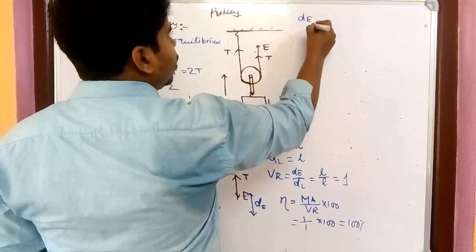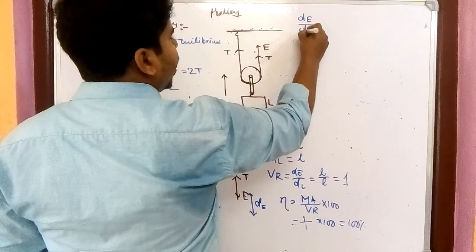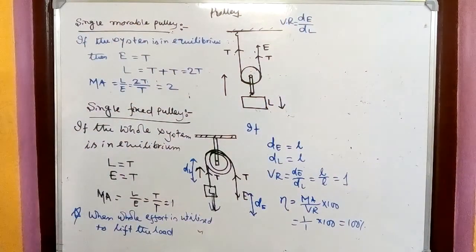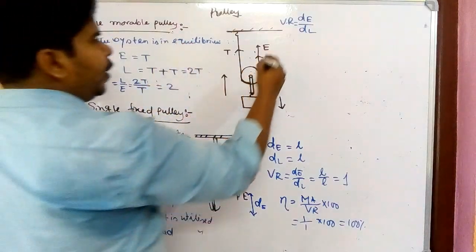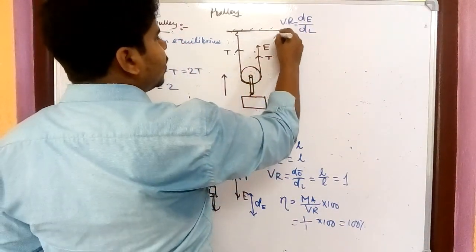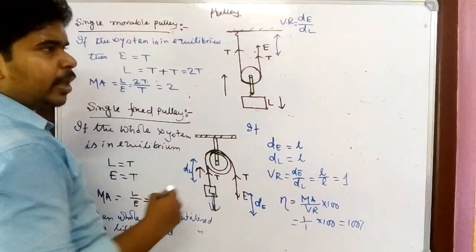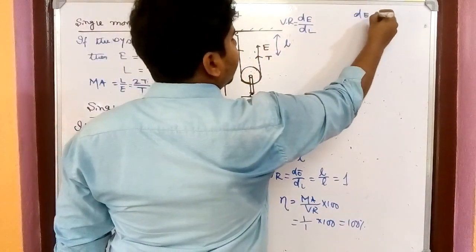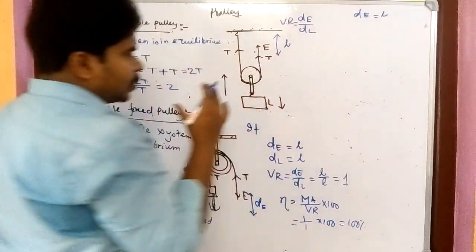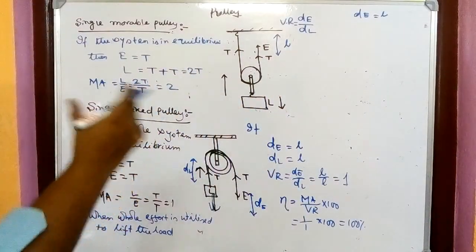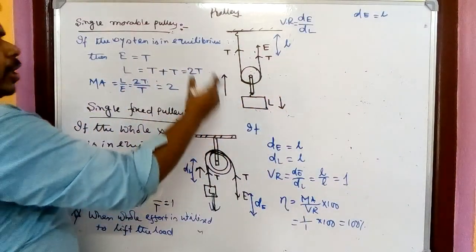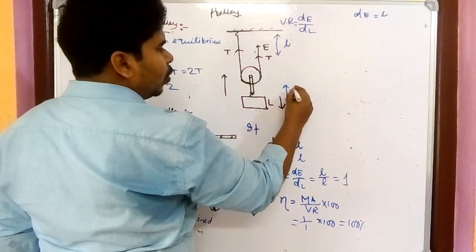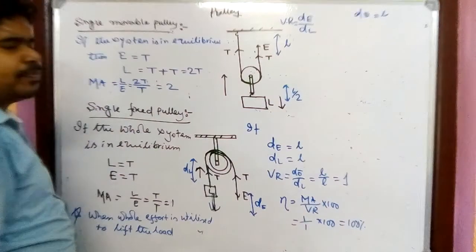So velocity ratio is displacement due to effort by displacement due to load. Now talking about displacement due to effort, if you displace it for a distance of L, that means displacement due to effort is equal to L. So this displacement should be divided for lifting the load. So here the displacement due to load will be L by 2.